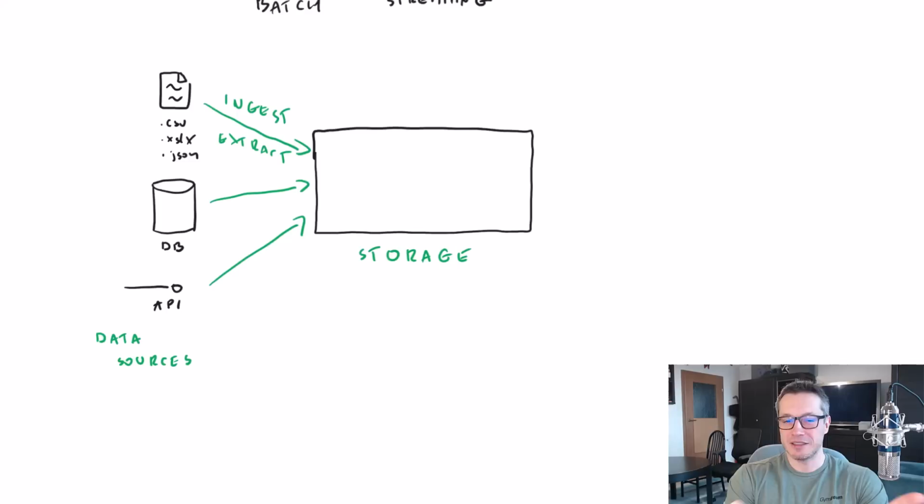In real life, this storage component of our system will be more complex. It might use various services, various components inside, depending on the type of data we want to store, or depending on the features we expect it to offer. In this case, we just want to store the data as it is, usually using some files. But the thing is that this data that we just read usually is not ready to be used in reporting because it has to be cleaned, it has to be parsed, some business logic has to be applied.